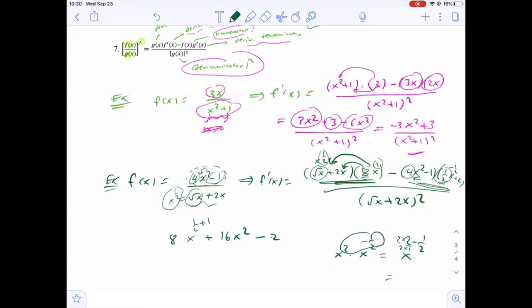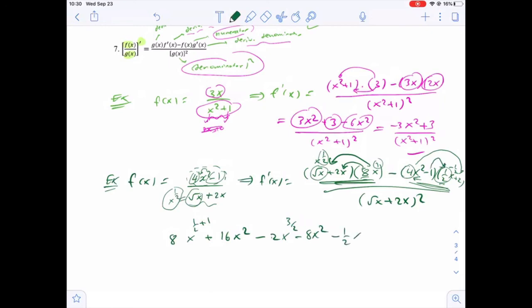Then we get a common denominator. So this is x raised to the power 4 minus 1 over 2, 3/2. So x to the power 3/2. And then we multiply 4x squared by 2, and that's negative 8x squared. Then we distribute the negative 1.